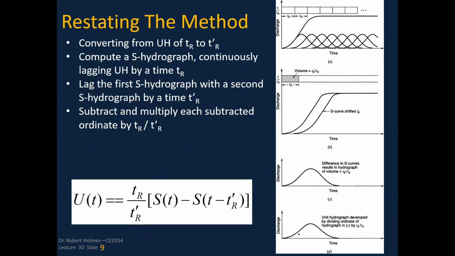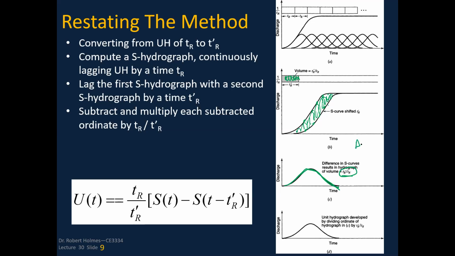And so, again, this is just another slide that shows it. You've got the difference here in green between the two SI graphs. That's equal to this volume. By superposition, I subtract one from the other and I get this hydrograph. It has a volume of T prime R divided by TR.